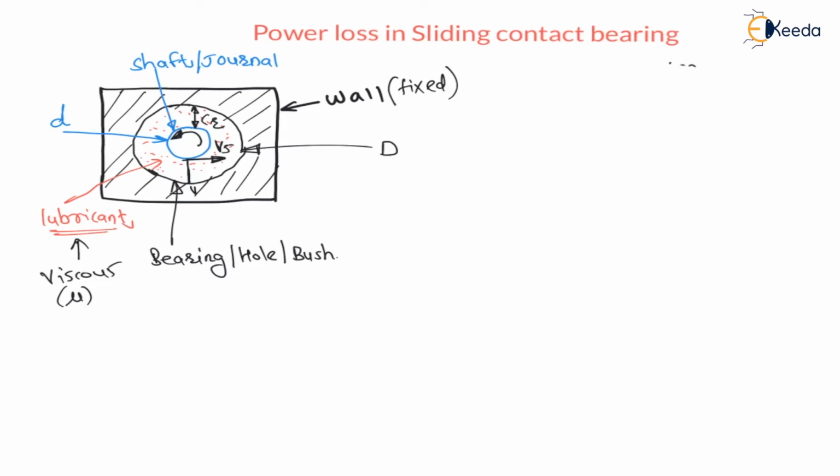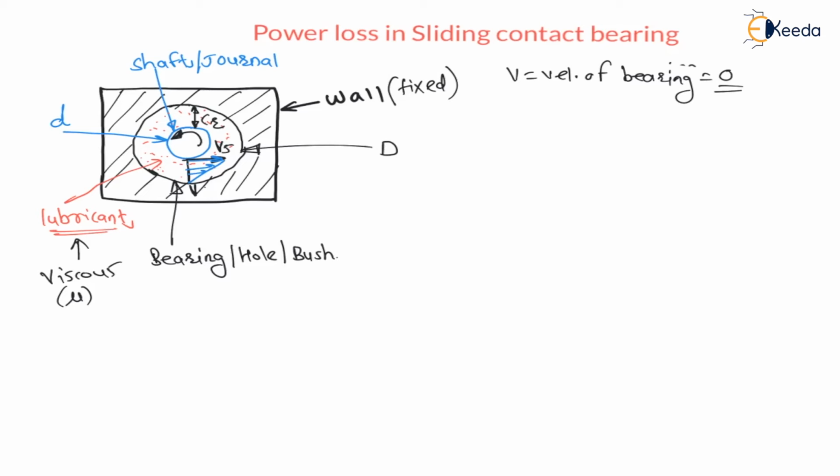Let us say v is the velocity of the bearing, which is 0 meter per second. And the space between bearing and shaft, called the gap or radial clearance, will experience linear distribution of velocities, so the velocity distribution will be linear like this. Here I am assuming linear distribution because of the very small gap in microns.